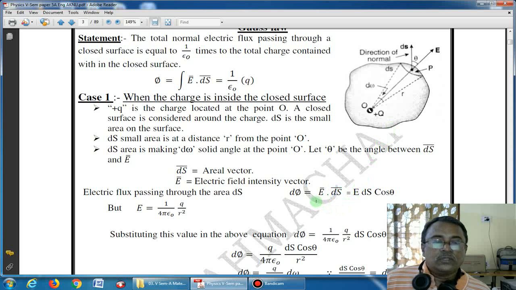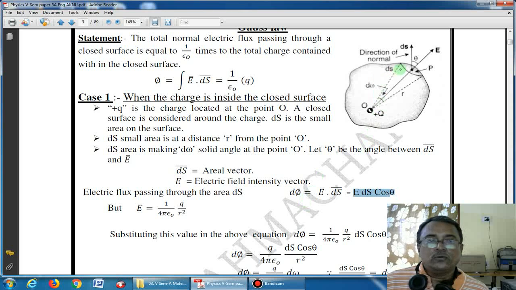When we take the dot product, the value comes out as E bar dot ds bar is equal to E ds cos theta, and this is the magnitude of the normal flux passing out through the small area ds.